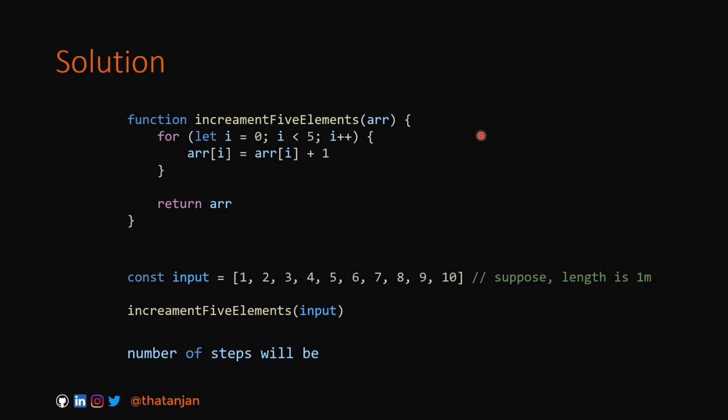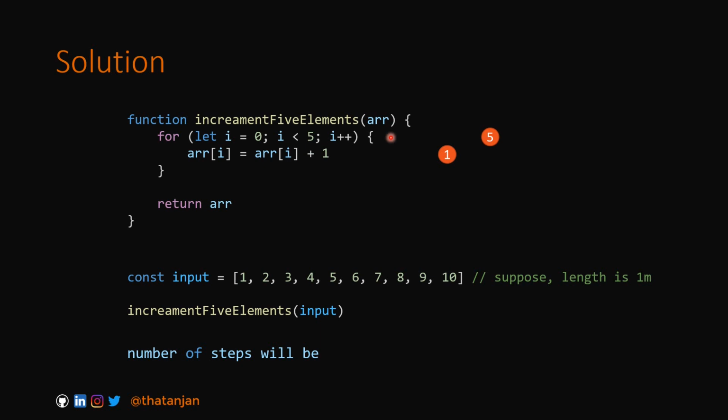So this is the same function again. Just assume that this array size is now 1 million. Then what will happen? How many times will it run? We are incrementing and assigning the value one time. Then how many times will this loop run?